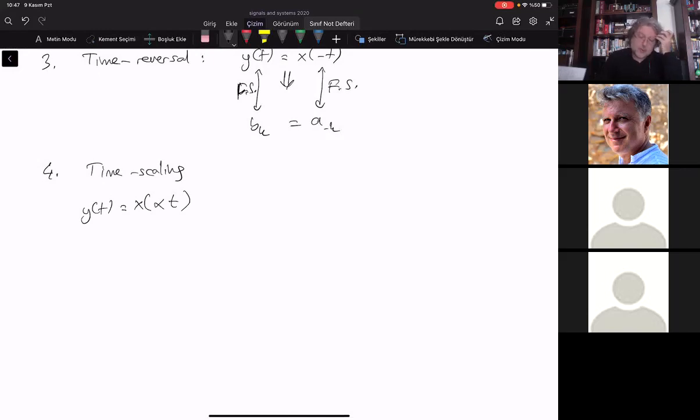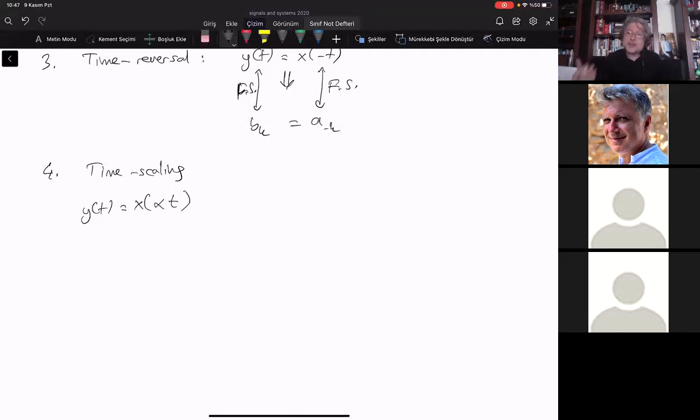For different values of alpha, it may correspond to an expansion or a widening of the signal, which changes the period. It increases the period or decreases the fundamental frequency, or it may shrink the signal, squeeze the signal to have a smaller period or a larger fundamental frequency.